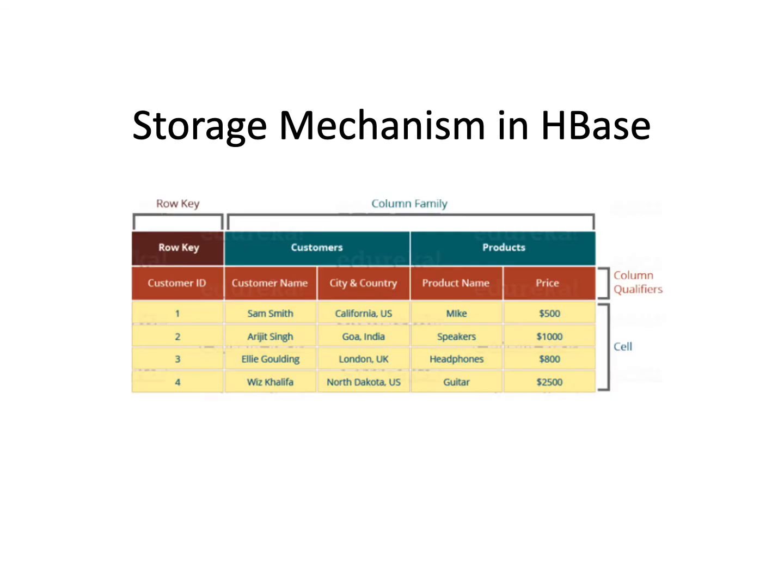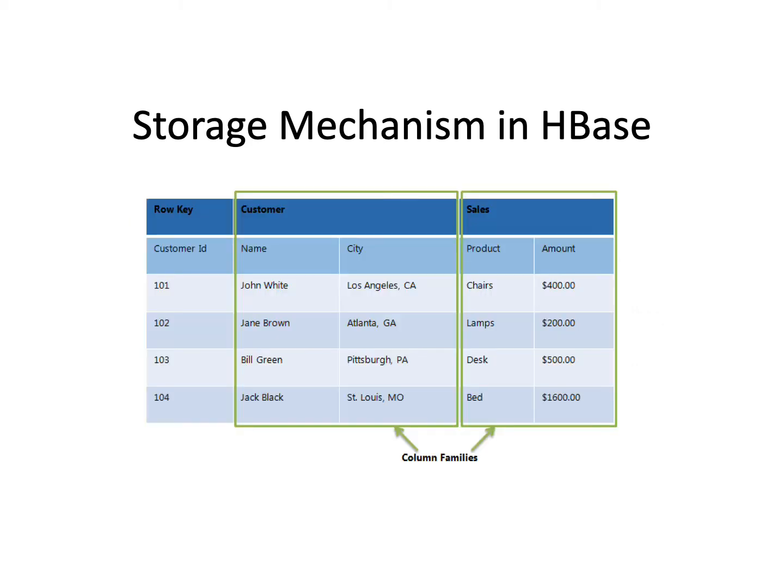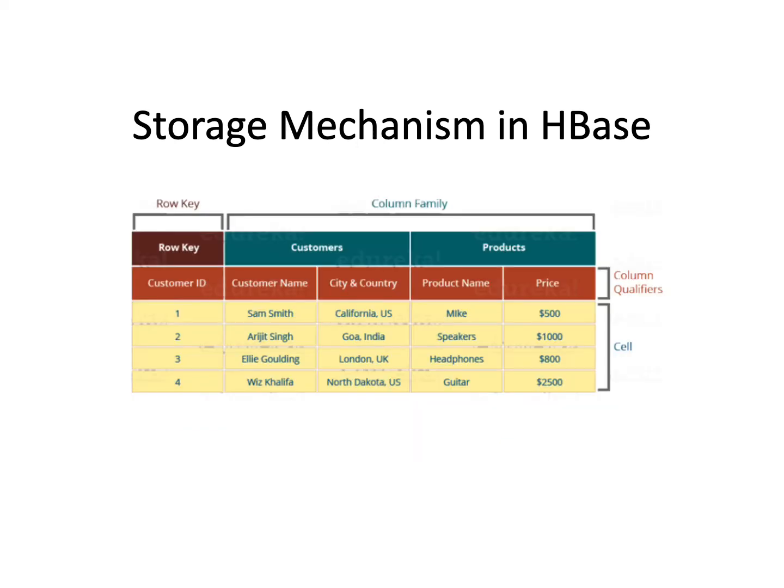We can see here two column families: one is the customer column family, and the other is the products column family.